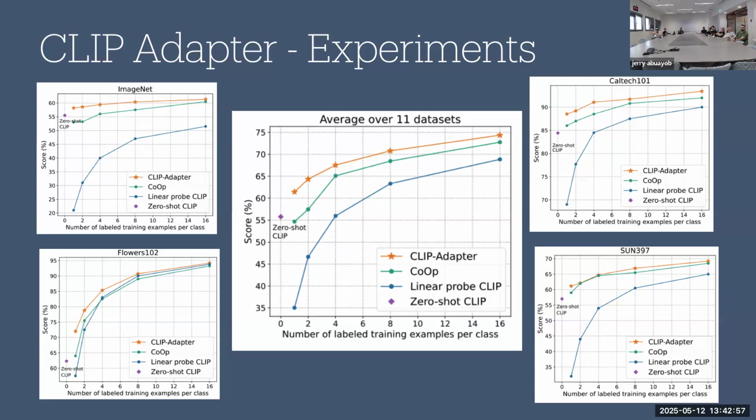So this suggests that fine-tuning lightweight adapters with residual connections for prompt-fixed pre-trained vision or language models can achieve better performance than prompt engineering or manually prompt tuning the text.